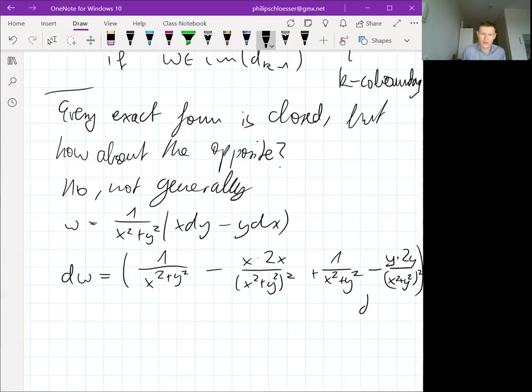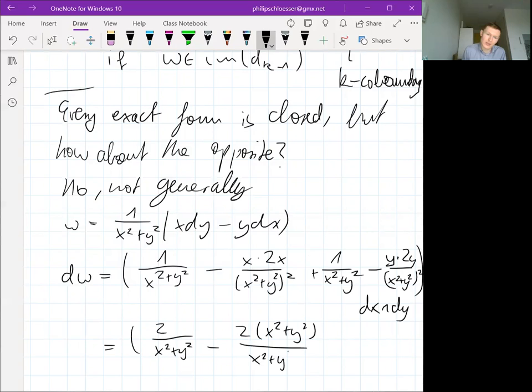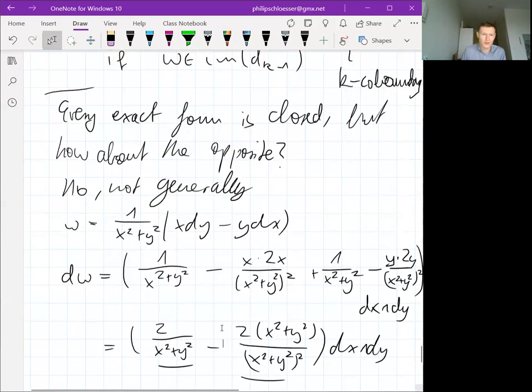Oh, I forgot the dx wedge dy. Well, this turns out to be 2 over x squared plus y squared minus 2 times (x squared plus y squared) over (x squared plus y squared) squared. But these two expressions are just equal, so we get 0.